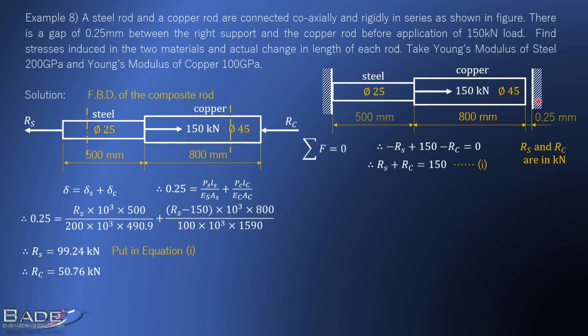That means certainly this bar comes in contact with this. That is why there is push. Suppose you get a negative answer here. So what does that mean? It means the support is pulling the copper rod, which is impossible. That is a logical answer, because when there is elongation of the steel rod, this copper rod comes in contact and further elongation is impossible.